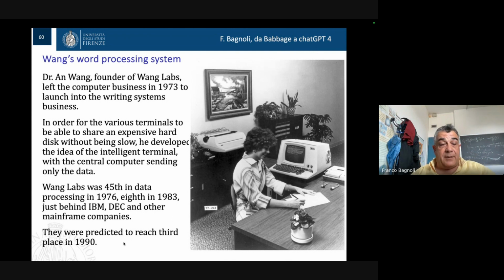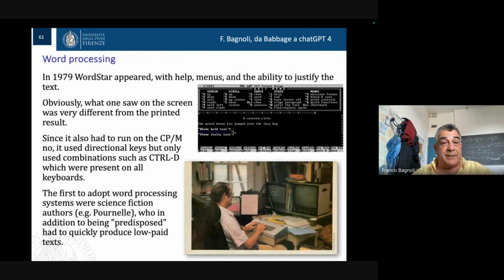And this was extremely successful because at that time you see that Wang Labs was considered at the same level as IBM or DEC companies.